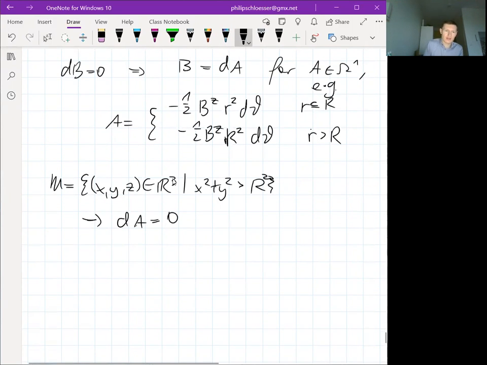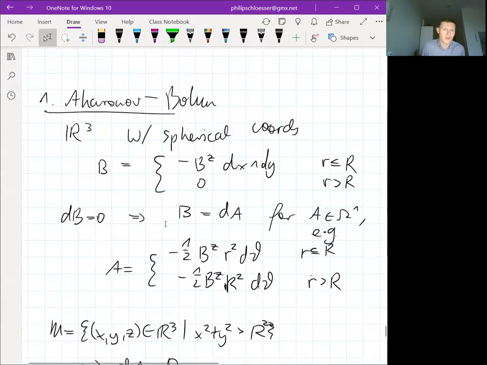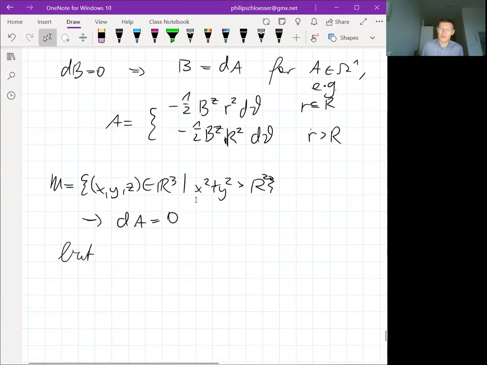But on the other hand, it's closed, but it's not exact, because if you write it in Cartesian coordinates, it just turns out to be a multiple of this form we just calculated.